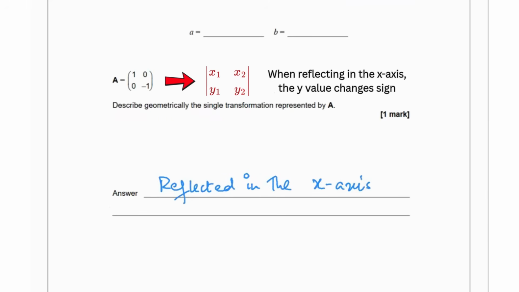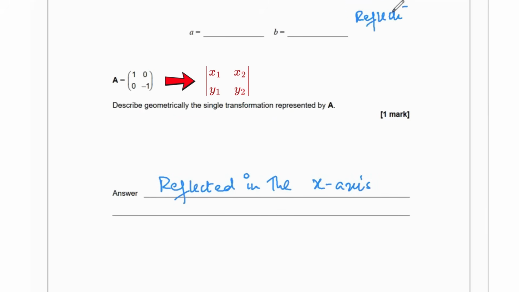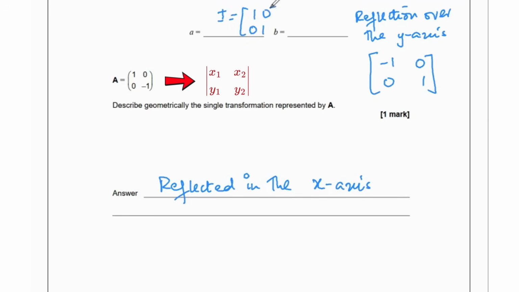I'll give you a rough overview for all of them. If it's a reflection over the y-axis, in that case this one is negative and everything else is the same. We're reflecting the identity matrix. By the way, the identity matrix, as you know, is 1, 0, 0, 1.